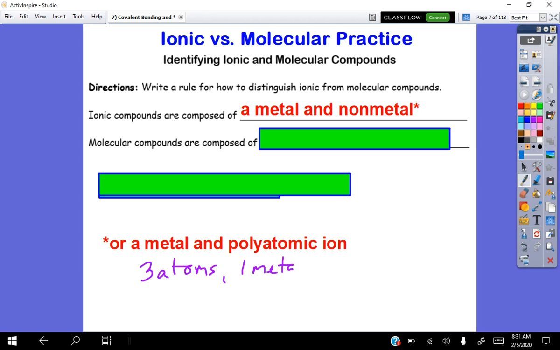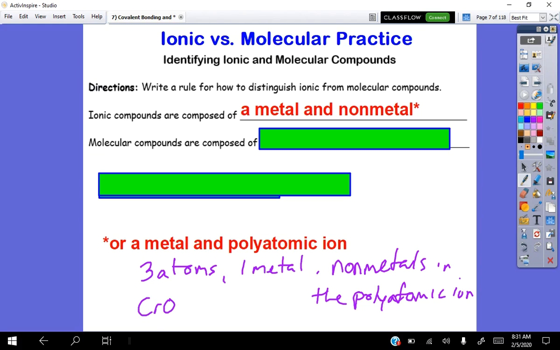One is usually a metal, and the rest are nonmetals. Again, there are some examples like CrO4 2-, chromate, where that chromate has a metal, but for the most part, those polyatomic ions do exist as covalent compounds.